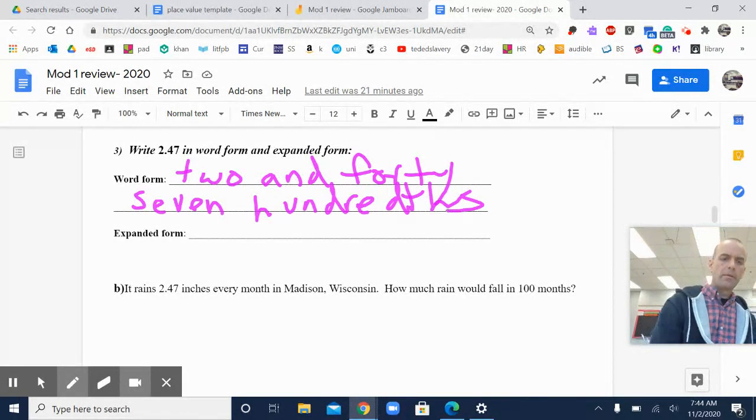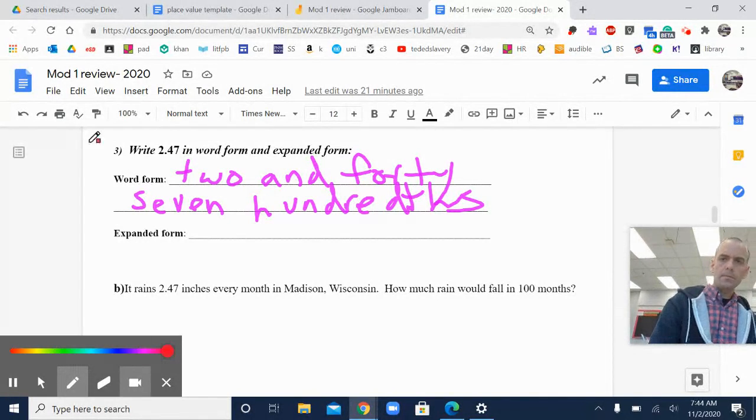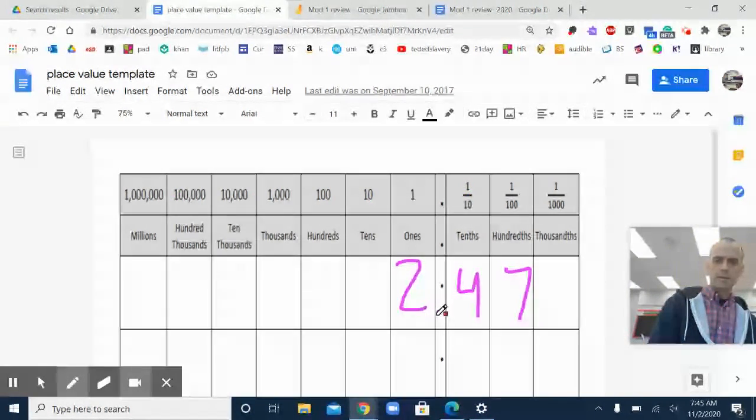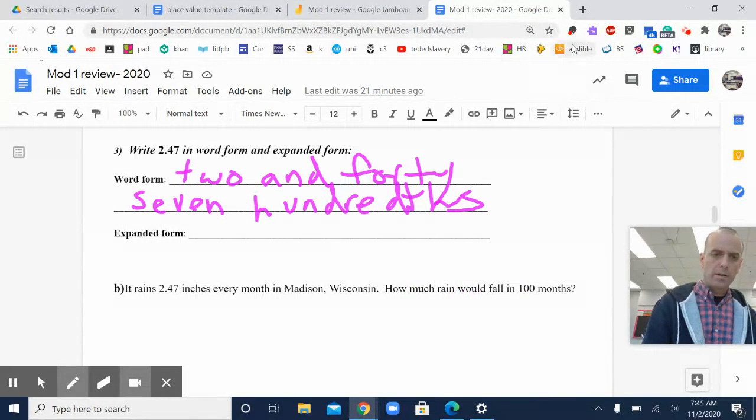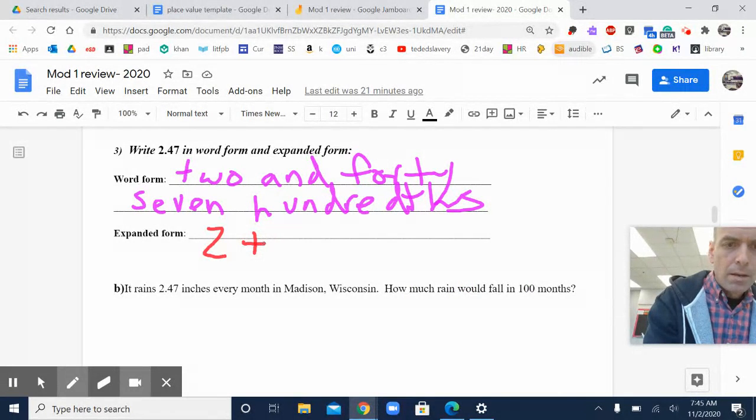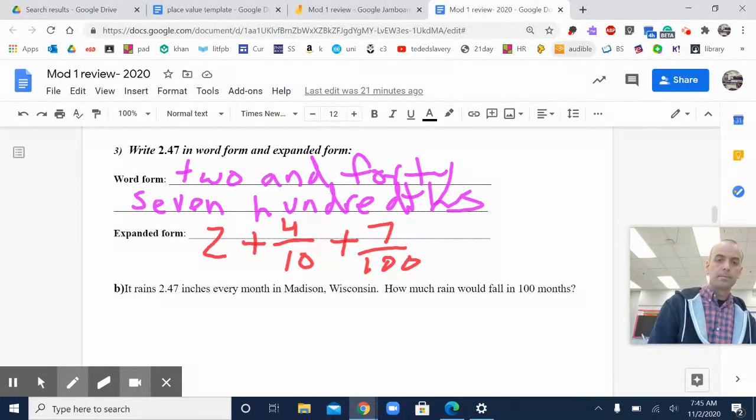Okay. And for expanded form, I can look at my place value chart again and I can see each place. So I'm going to do 2 ones plus 4 tenths plus 7 hundredths. So I go there and I write 2 ones plus 4 tenths plus 7 hundredths. That's it.